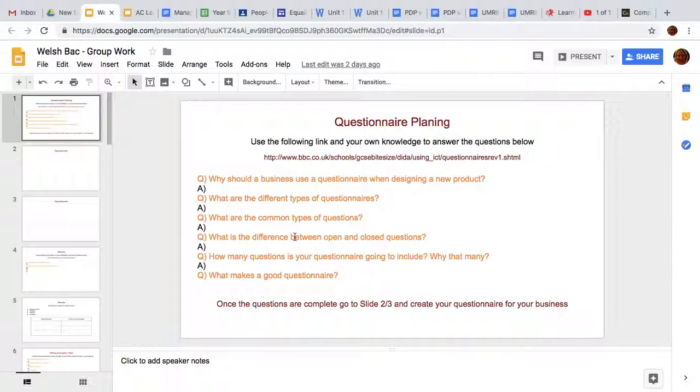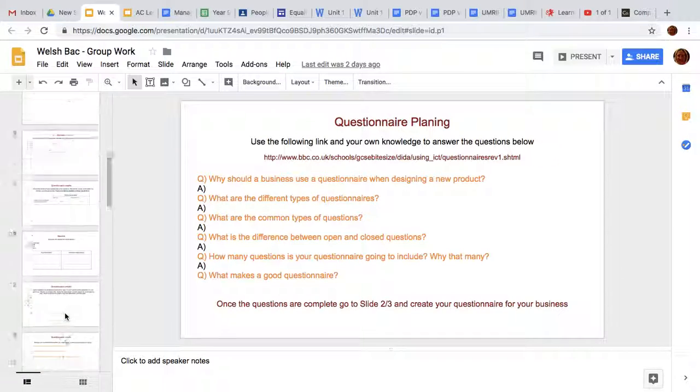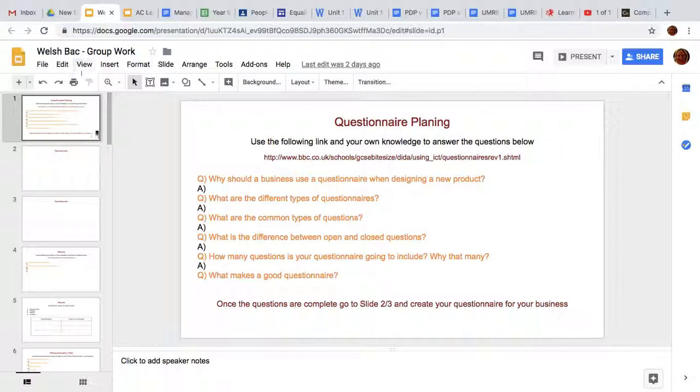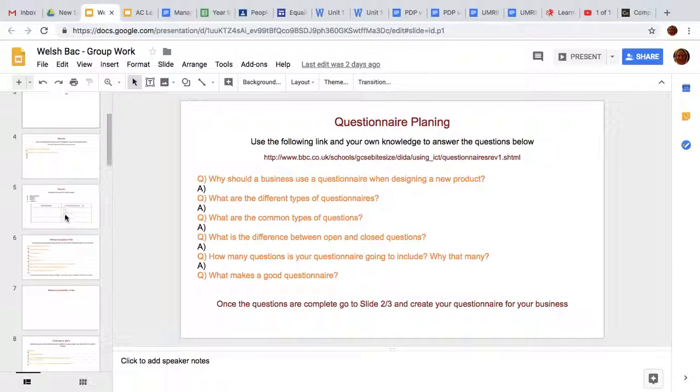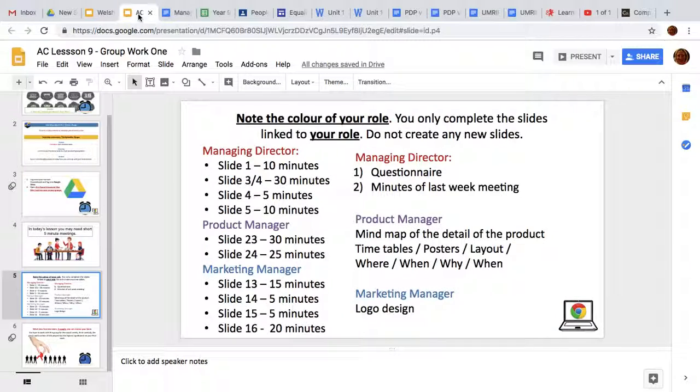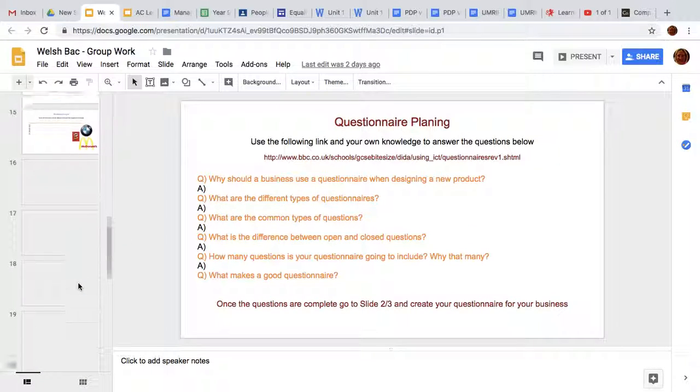So these are the slides that they've got, and this is where it matches up with what jobs they need to be doing. The managing director is writing a questionnaire, which they're going to use down in the canteen with pupils in the school to find out what they need to know about their product, like what prices people would pay for it, what colours they like, what they want on the timetable. It's going to depend on their product. Then the product manager is on slide 23.